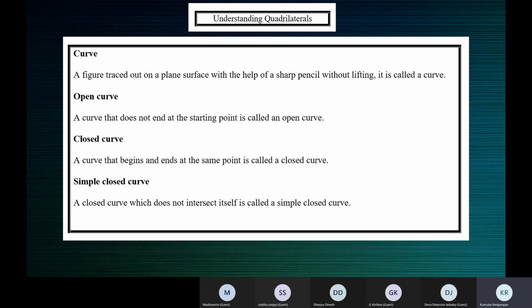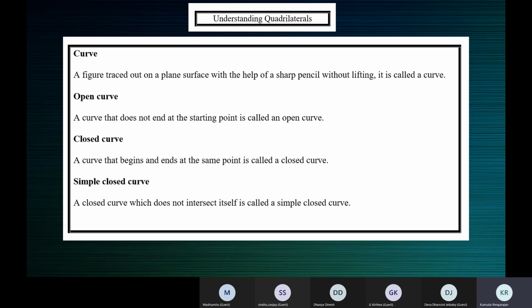The pencil tip should be in contact with the paper till you finish tracing the figure. If you lift and continue, it is not a curve.